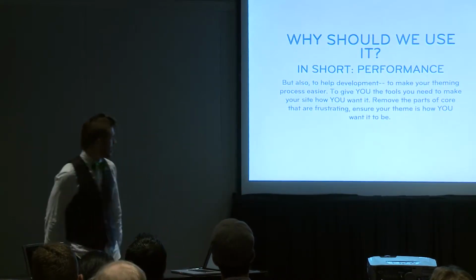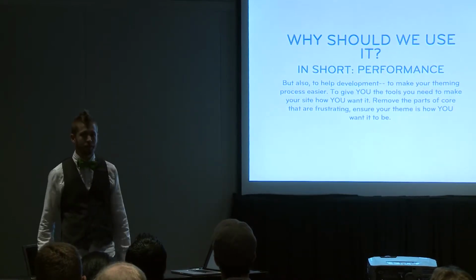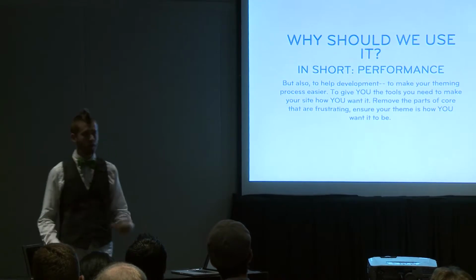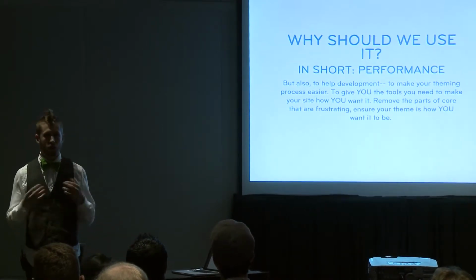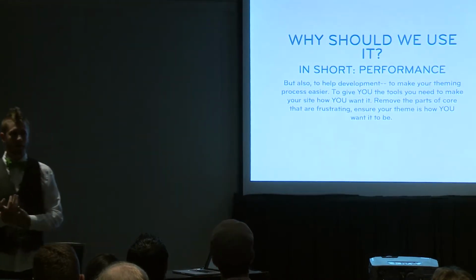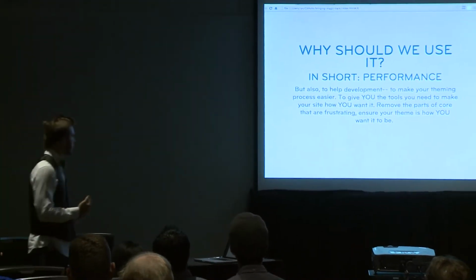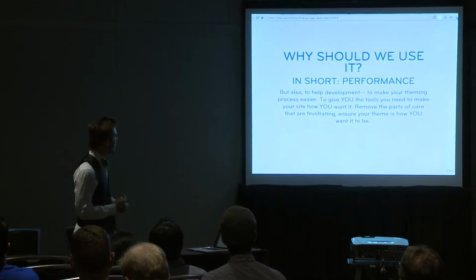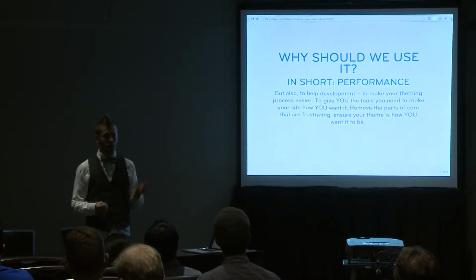Other reasons are just to help development. Half the tools within the Magic module are for a themer, to theme better, faster, easier, stronger, harder, and other Daft Punk references. It gives you the tools to make the site how you want it to be.